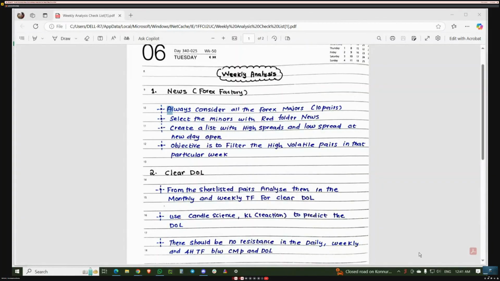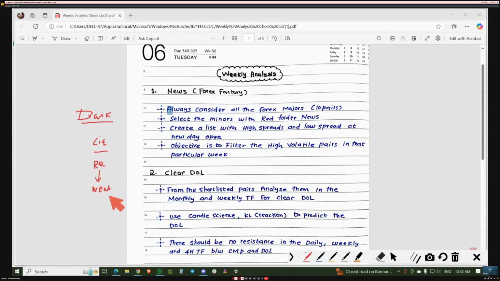As we all know, the markets are moved by the institutional banks. Banks by themselves cannot move the market; they need liquidity from the retailers. How will the retailers know about the banks' movement? This is via news. The banks release some news which attracts retail people and makes them FOMO, the fear of missing out.